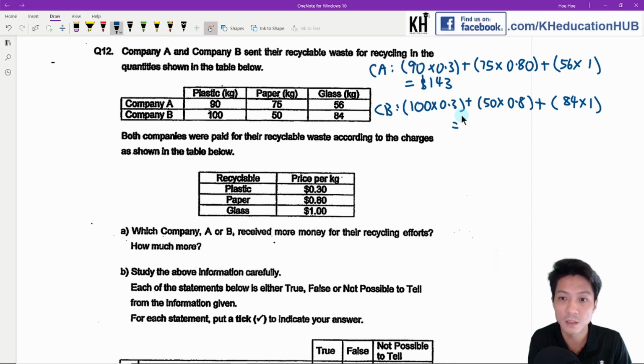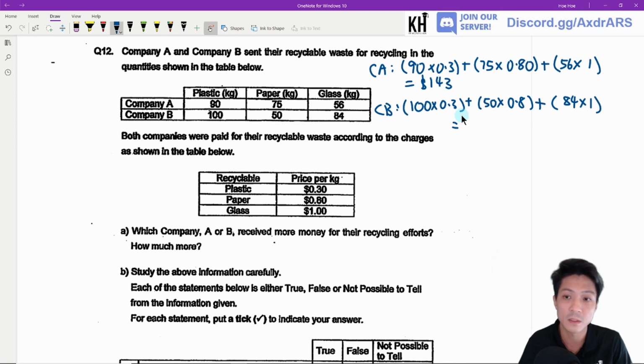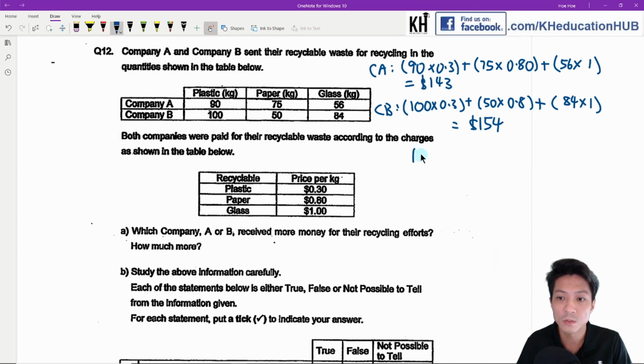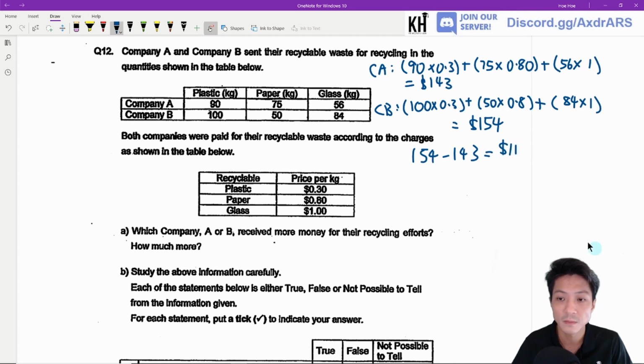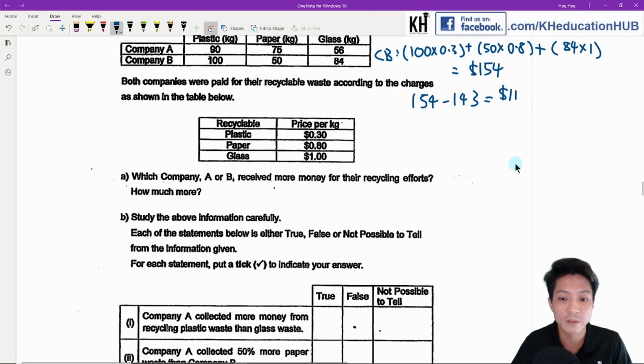So I think company B should be more. 100 times 0.3 plus 50 times 0.8 plus 84, okay, which is 154. So for part A, how much more? You need to use 154 minus 143, which is equal to $11. Which company A or B received more? That'll be B, and how much more? That'll be $11.